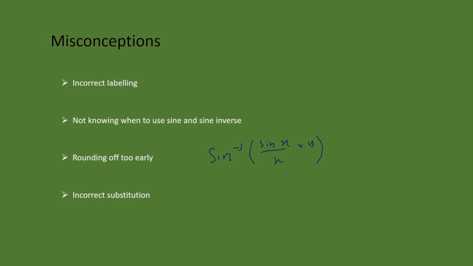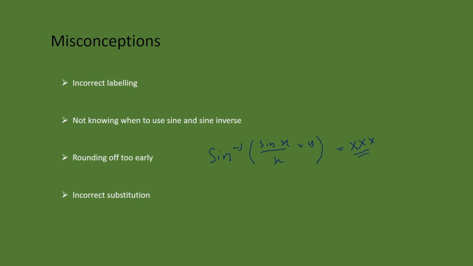So we need to find the value of what is inside the bracket and not round it here. You find the inverse and you need to round the final answer, not in between. Only the final answer should be rounded off. Don't round it off halfway through the question.